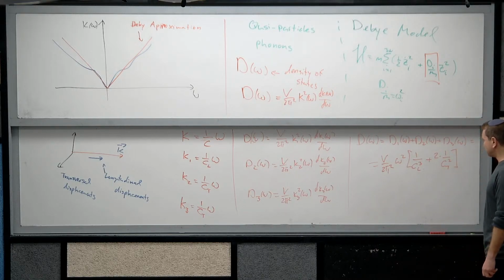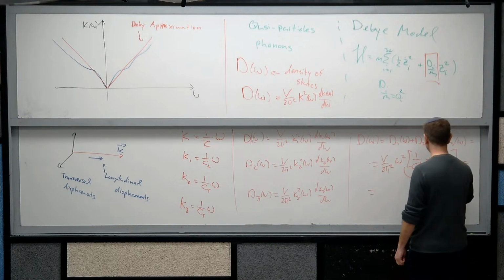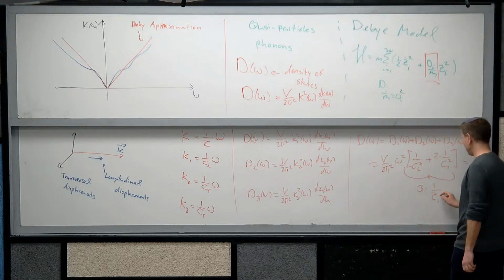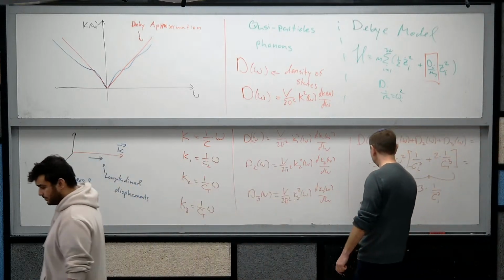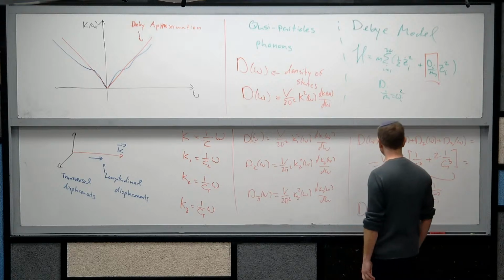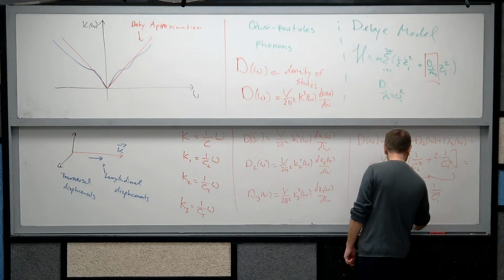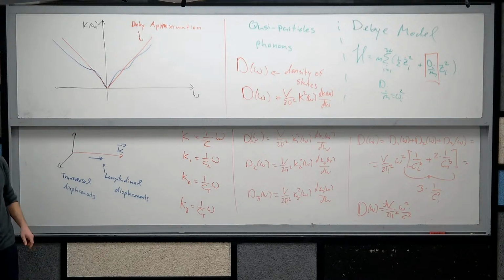Now, in order to make it a little bit simpler, all of this we're going to call 3 multiplied by 1 over c tilde, or just simply c to the third. So the density of states D of omega is V divided by 2 pi squared, omega squared, multiplied by 3 divided by c to the third. So this is our density of states in the Debye approximation.